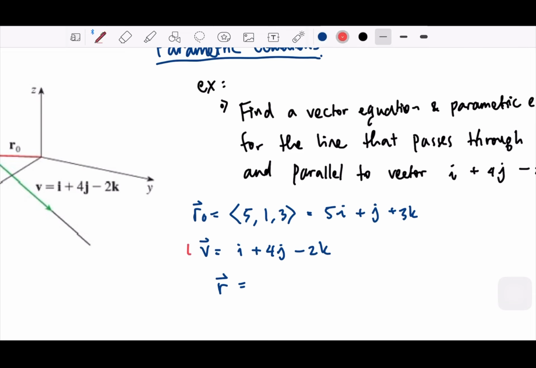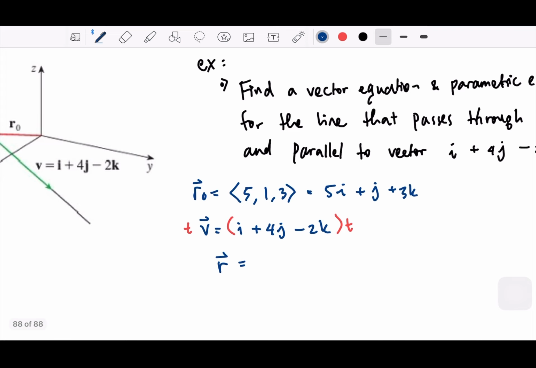So we need to multiply with t. The vector becomes 5 plus t, and then 1 plus 4t for j, and 3 minus 2t for k.